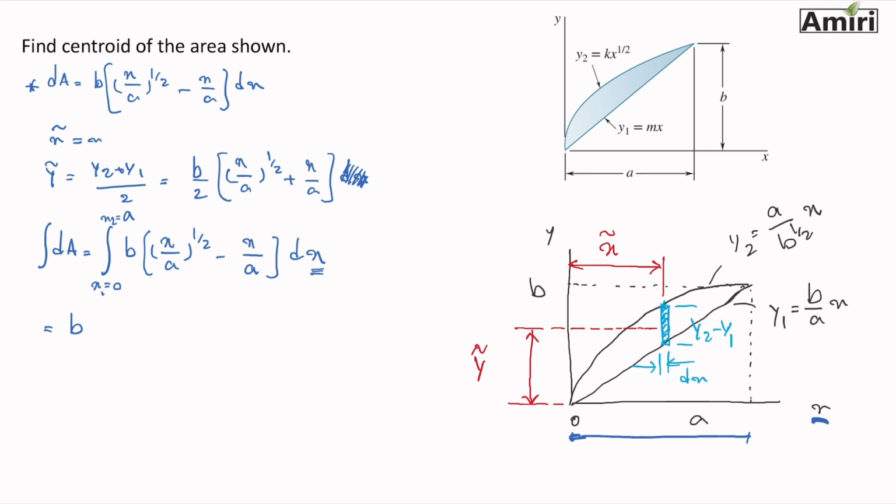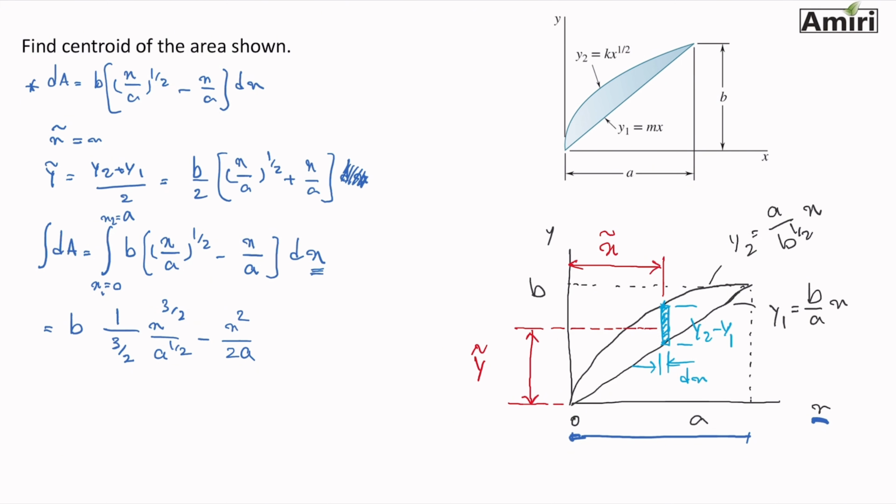X is to the power of half, so it will be 1 over 3 over 2 x to the power of 3 over 2. I added 1 plus half, so 3 over 2, 1.5. And then a, again, a constant number, stays where it is. x becomes x squared over 2, and then a stays where it is.